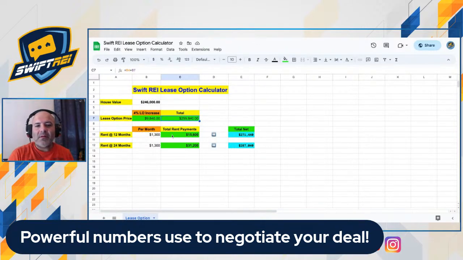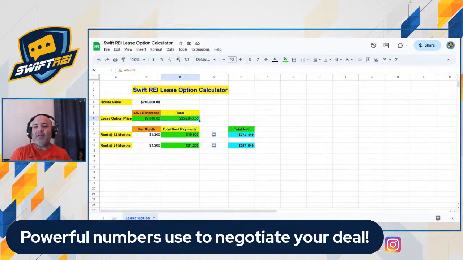Then you can tell them that if it's a 12-month term, they're going to get a total of $15,600 in 12 months from rent, and that's going to net them $271,440. You can just round that down. It's probably going to net you about $271,000, right?